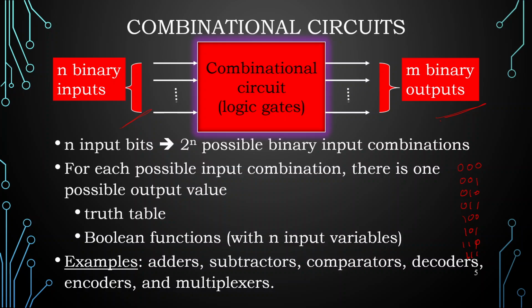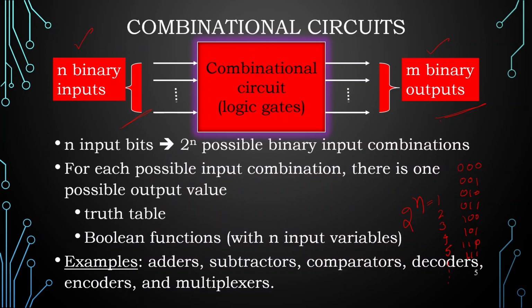If I take 4 bits, 2 power 4 gives 16 possible combinations. In general, it is 2 power n, where n can be 1, 2, 3, 4, 5, and so on. So there are n inputs and m outputs, of course.